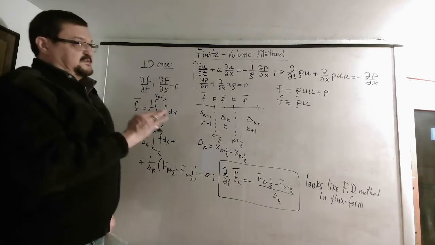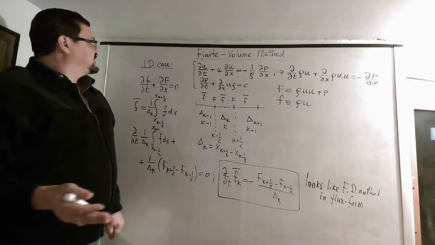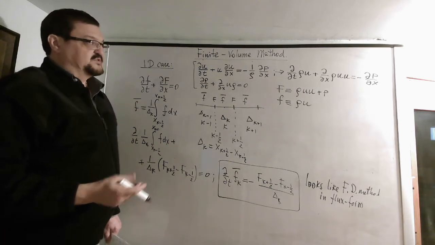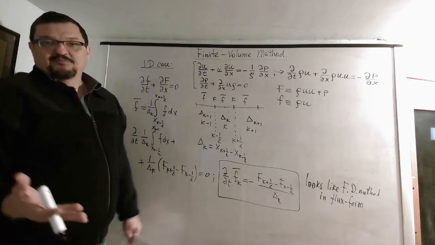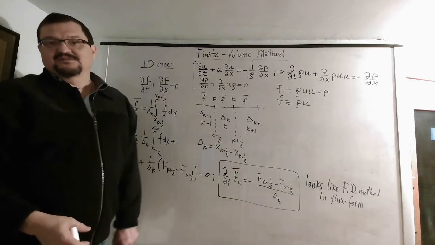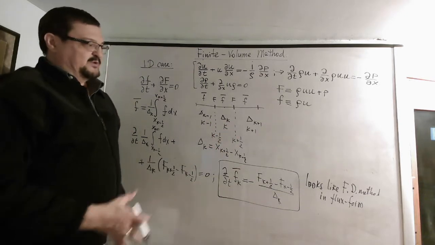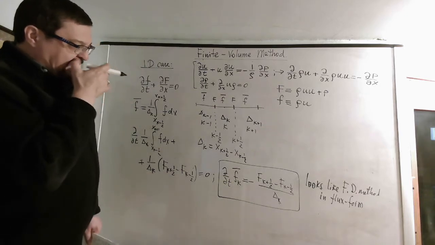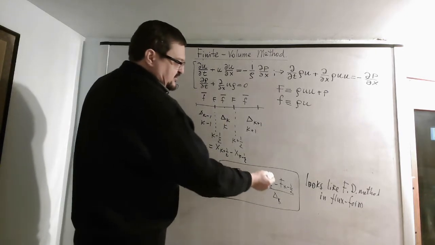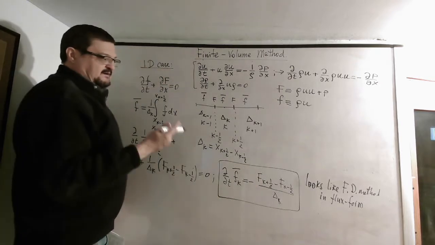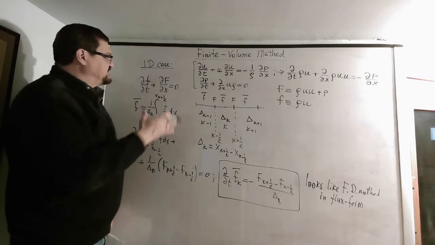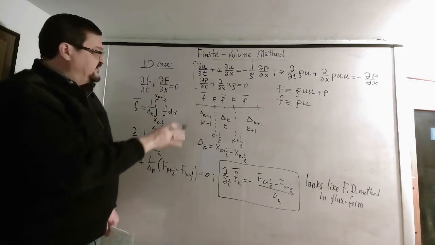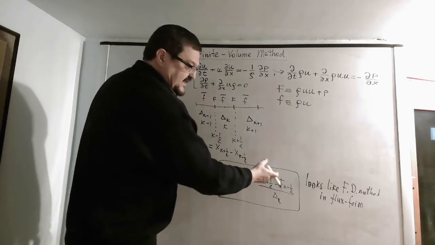So this is the 1D case. The one-dimensional case is not very interesting in this regard, because it doesn't really show what the finite volume method is; it's just finite difference applied to equations in flux form. Then you use your finite difference approximation, using Taylor series, for these fluxes.